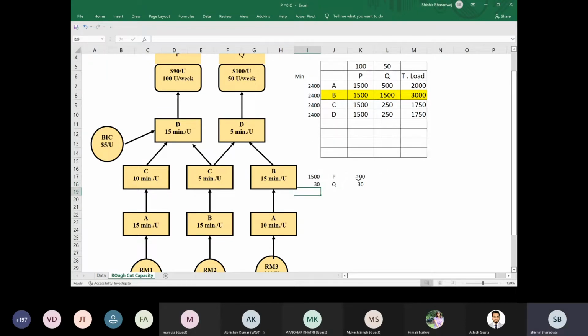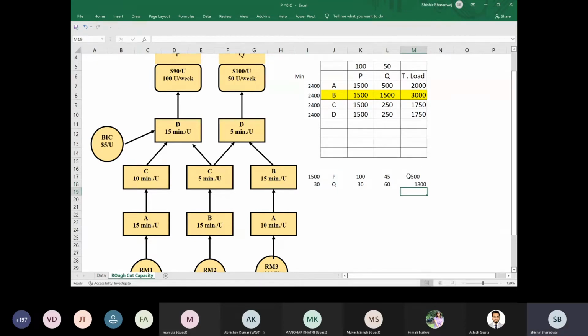Now every unit of P is giving me a throughput of selling price minus direct material price, 100 minus 40, 60. So my total throughput is 4500 and 1800.